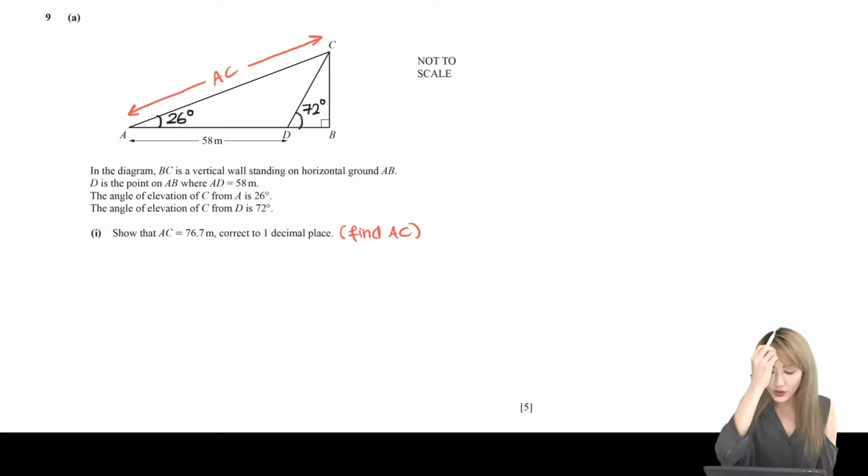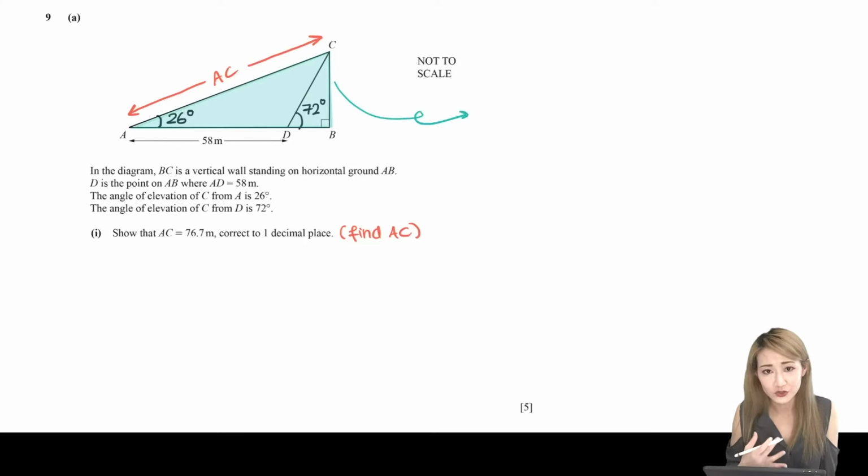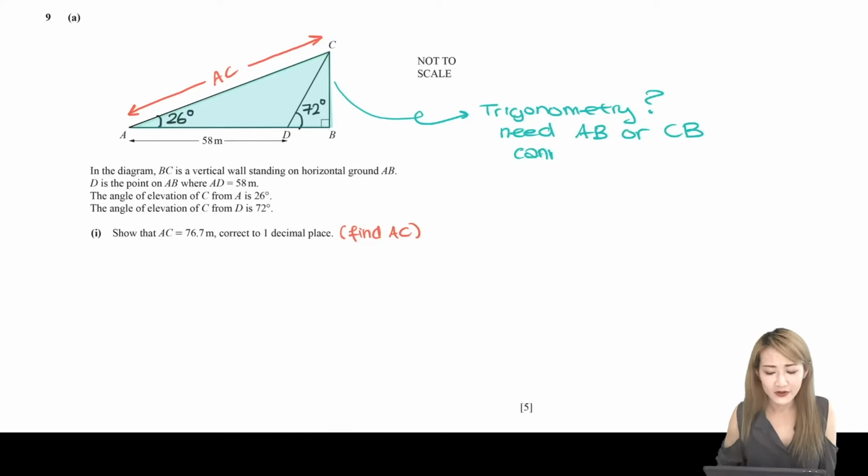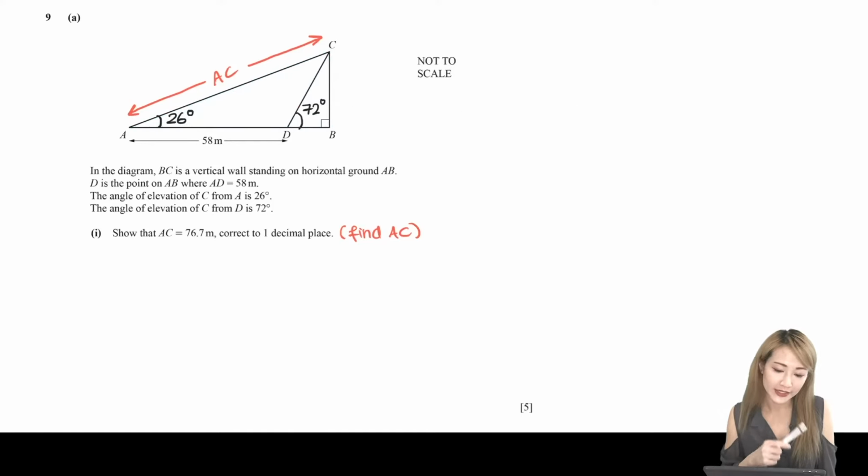So we have a right angle triangle in the diagram. This means that we might be able to use trigonometry. But if we were going to use trigonometry, we would need either side length AB or side length CB. And right now we cannot find AB or CB. We can also look at the triangle ADC, which is not a right angle triangle.